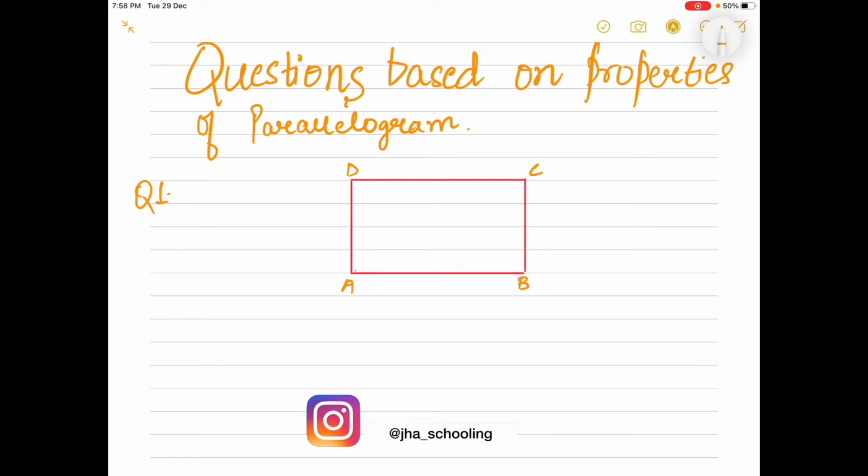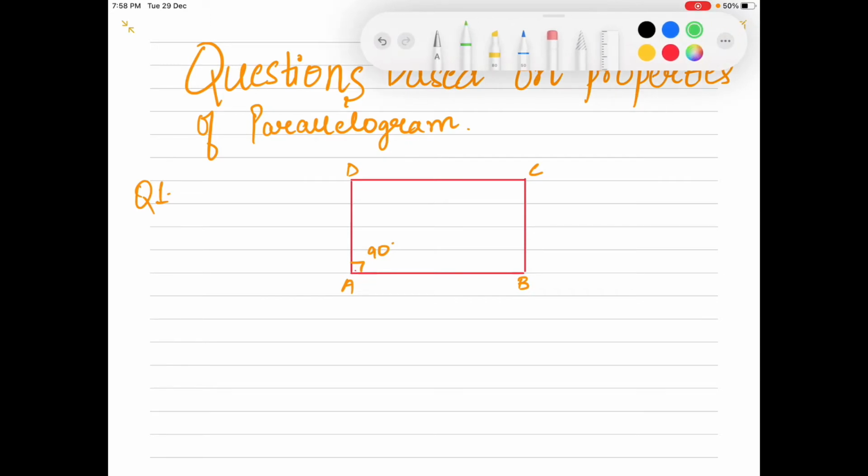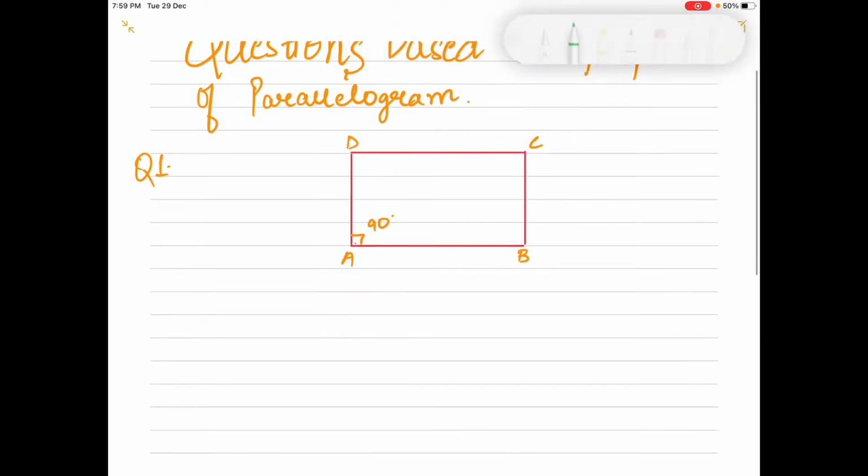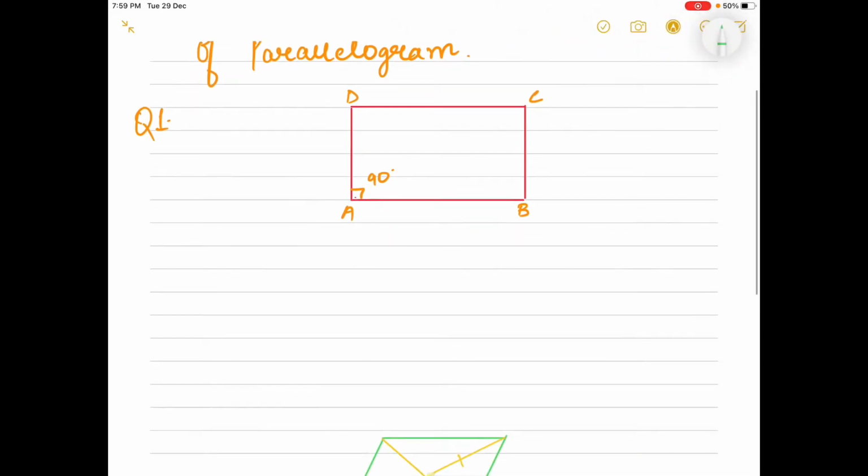So let's assume that angle A is 90 degree, and we have to prove that all the angles of the rectangle are 90 degree. So we have to prove that angle B is equal to angle C is equal to angle D is equal to 90 degree. As we have studied, a rectangle is a parallelogram in which one angle is a right angle. We have taken angle A as 90 degree.